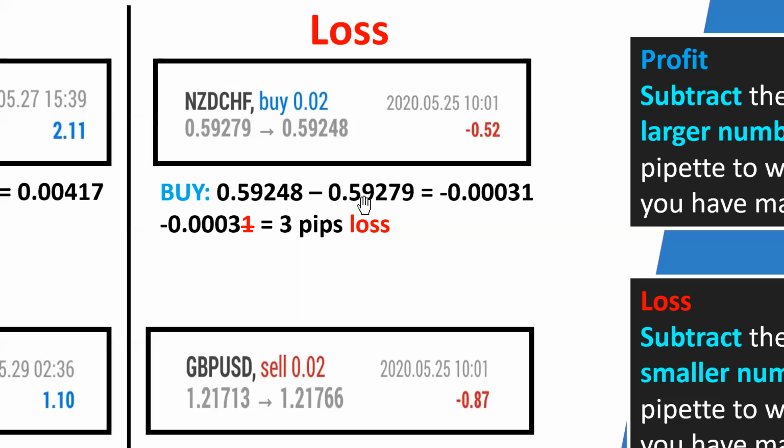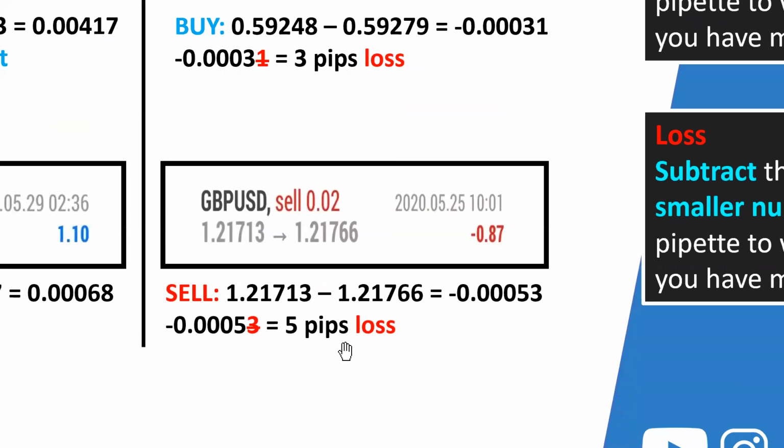How do I know it's larger? Well, that's a 4, that's a 7, that's larger. So we're taking away that from that, ignore the pipette, and I lost by 3 pips. And here, which one's the larger one? This one's the larger one, that's the smaller one. Subtract that from that to tell me that, negative. Ignore the pipette, I lost by 5 pips.